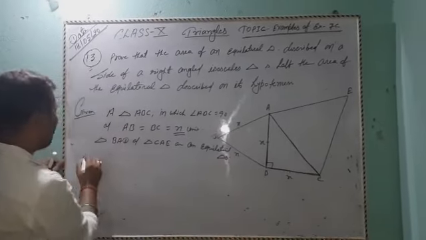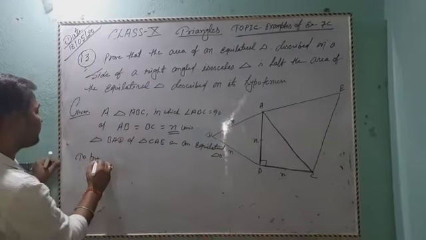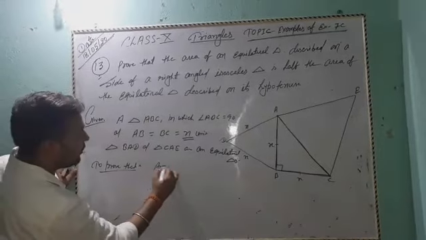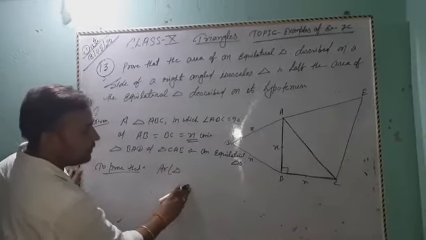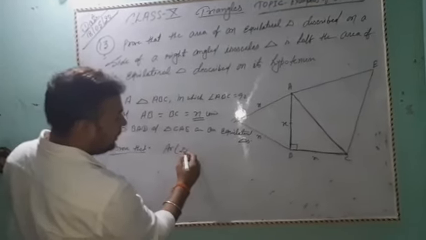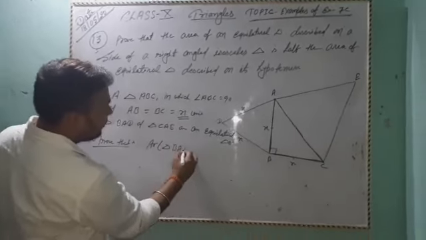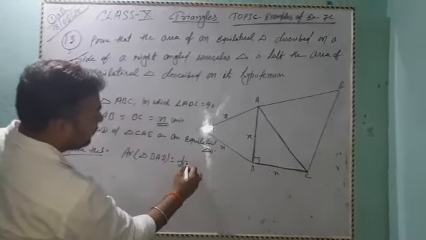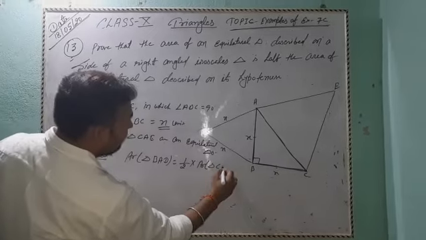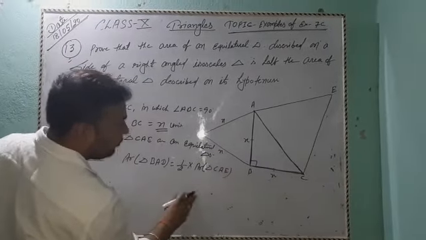To prove that the area of triangle BAD equals half into the area of triangle CAE.